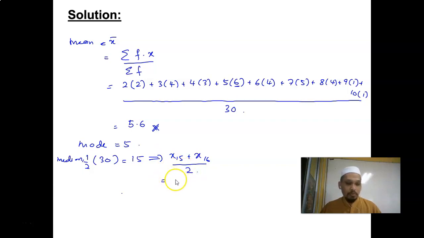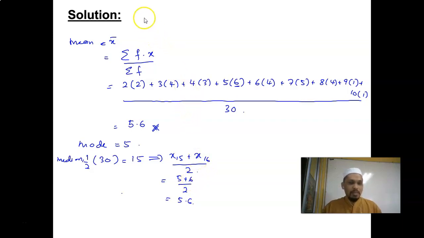The median here is 5 plus 6 divided by 2, equal to 5.5. How do we know the 15th observation is equal to 5 and the 16th observation is equal to 6?